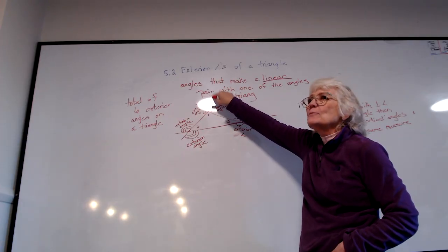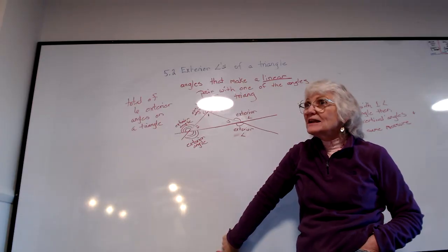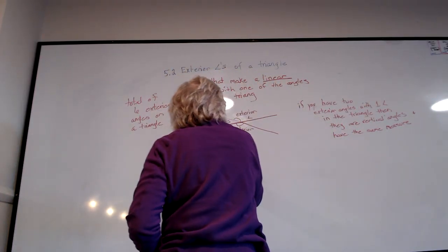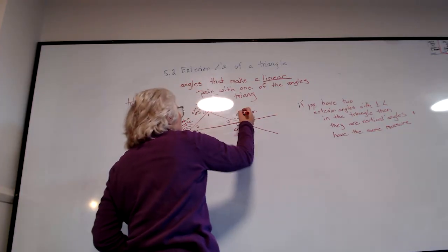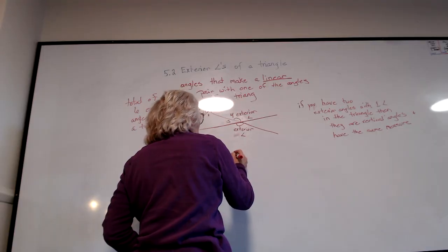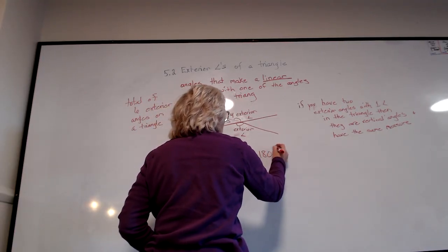If they make a linear pair, we know that a linear pair always adds up to 180 degrees. So we can say angle 3 plus the exterior angle, and I'm going to call it 4 for right now, angle 4, have to equal 180 degrees.